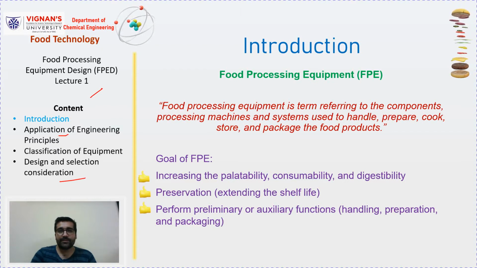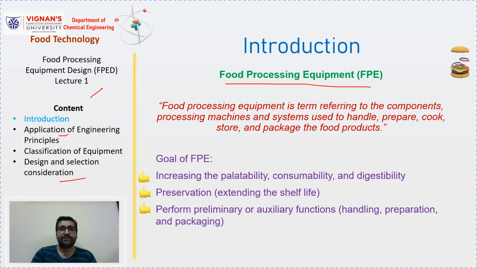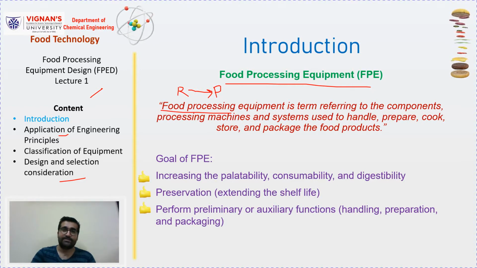So, what is food processing equipment? Before going to understand food processing equipments, we should understand what we mean by food processing. Food processing is a process in which we use raw material and try to convert it into a processed final product which is edible, which should be consumable.